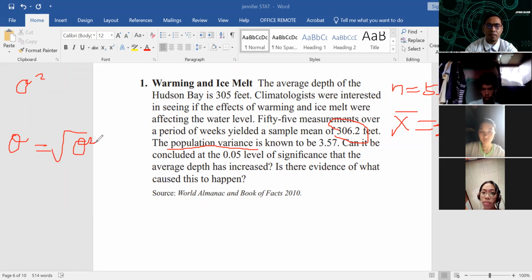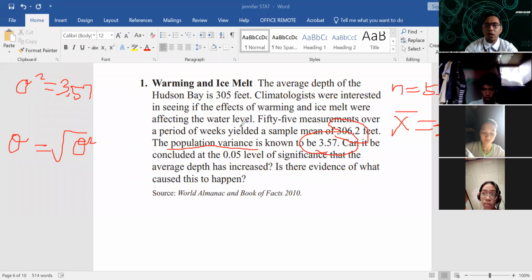Do you remember? Square root of your variance. It says the population variance is known to be this one. So this is equal to 3.57. To get your standard deviation, you need to take the square root of this because the variance was given.